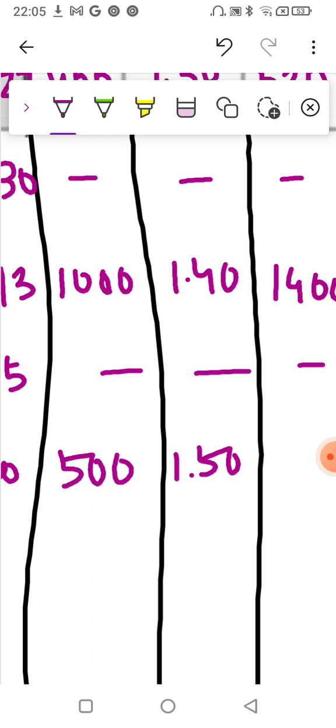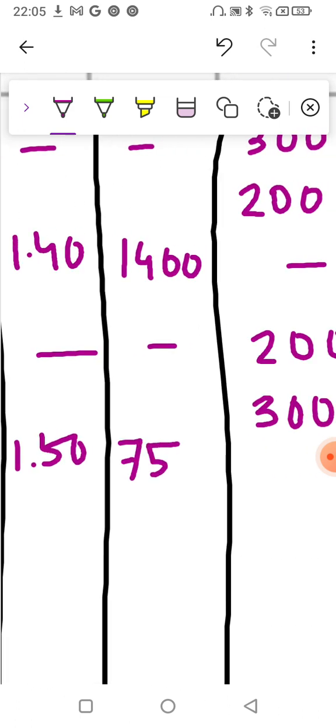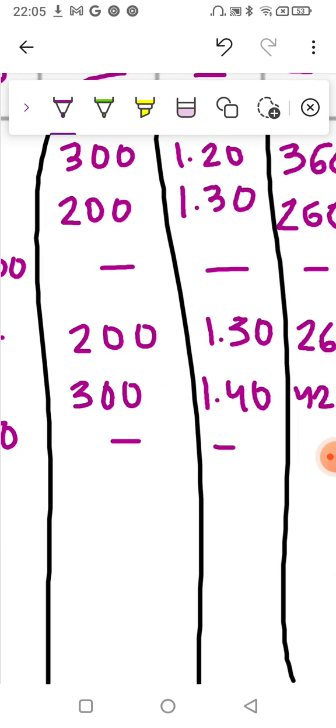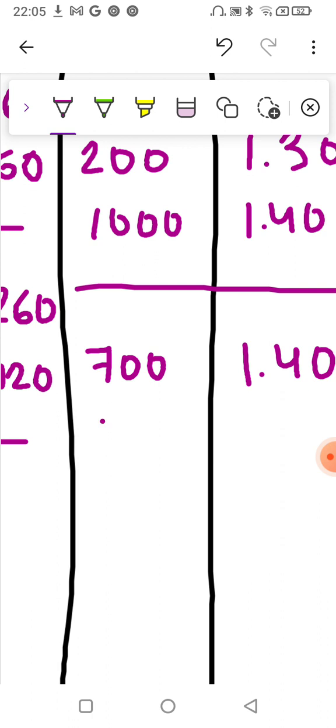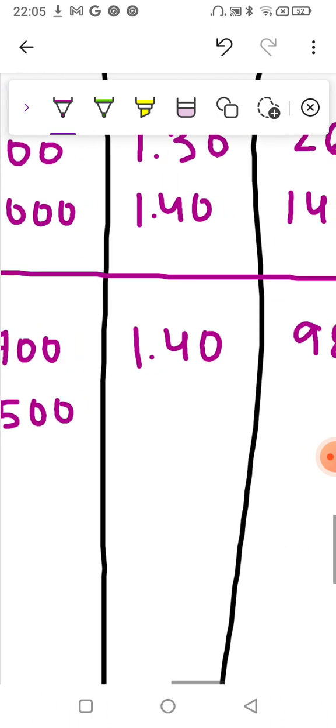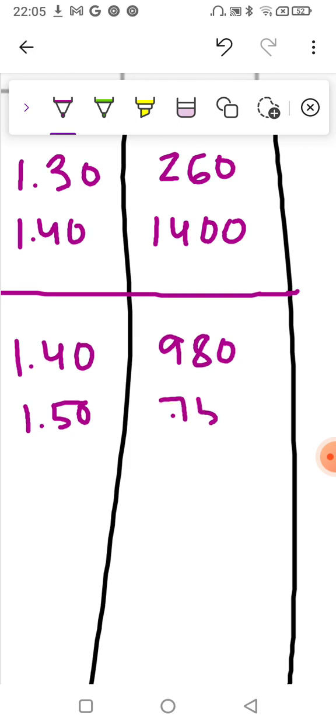We will multiply it, 500 into 1.50 comes to 750. There was no issue on that date. So now what we are left with is 700 from the previous lot and now I have 500 of the 1.50 per unit cost category. So this comes to 750. This is my remaining stock.